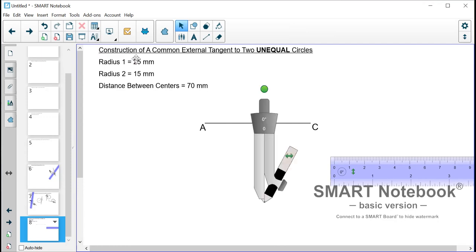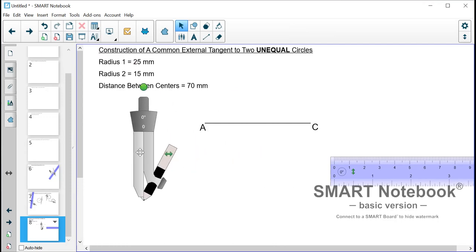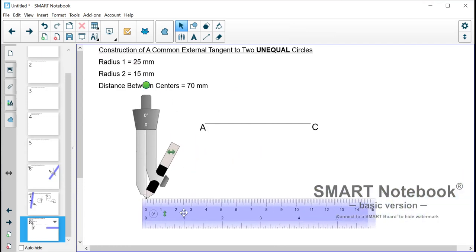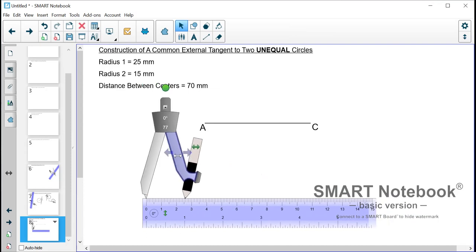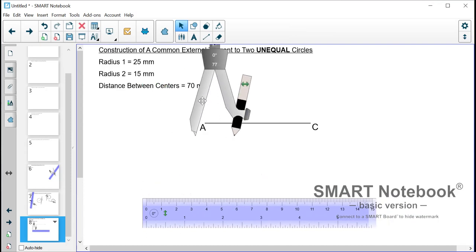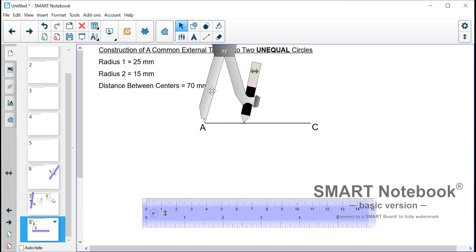Now, what we do next is obtain the two circles, of which the radius is given for each, with the first one being 25. So we open to 25 and we draw the first circle.